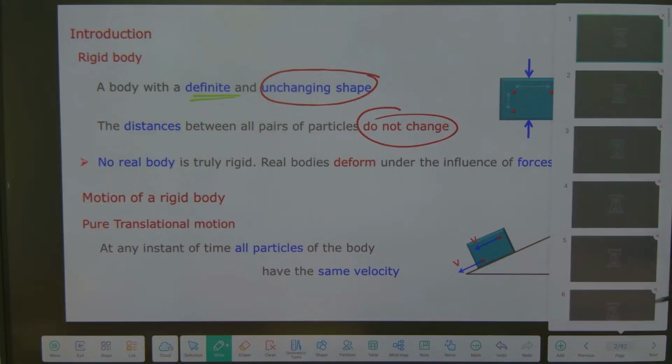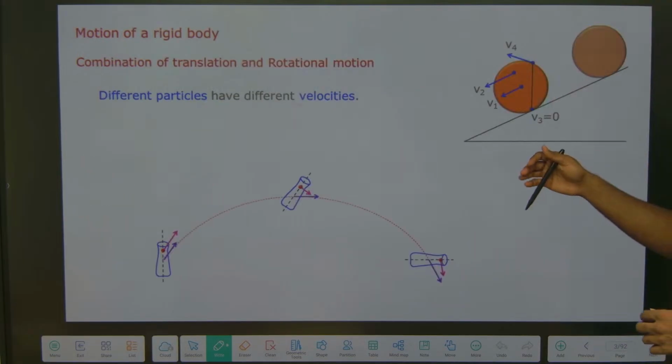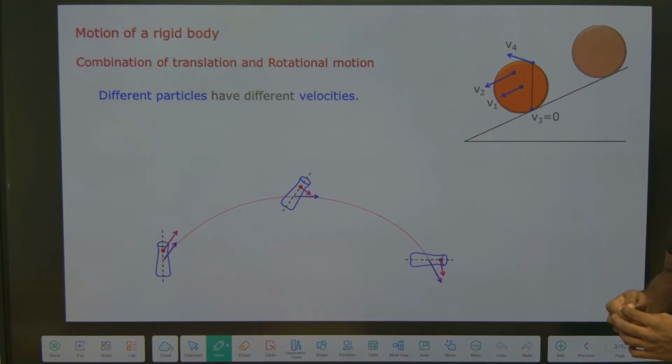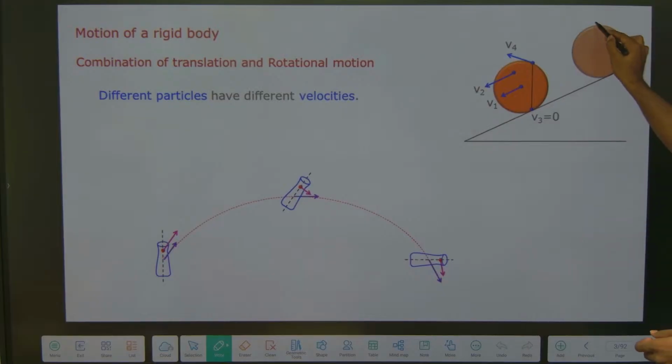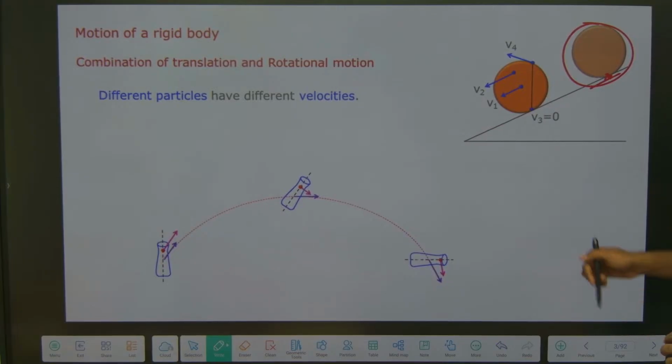Okay. So second one, motion of a rigid body: a combination of translation and rotational motion. So different particles have different velocities. When we talk about a circular object, the point where the object and the surface are touching each other, that velocity will be 0, and different particles have different velocities.